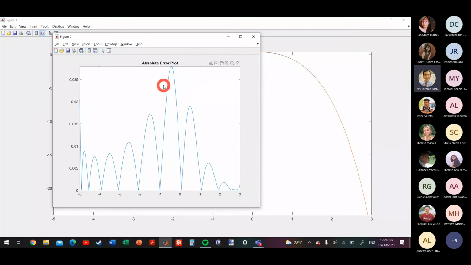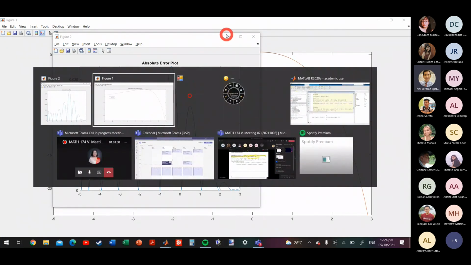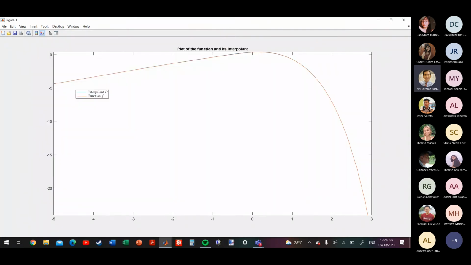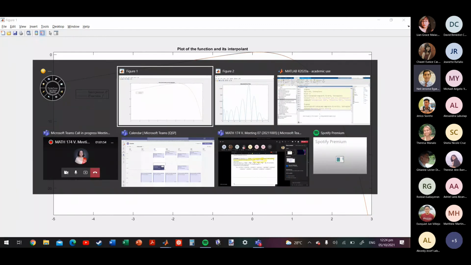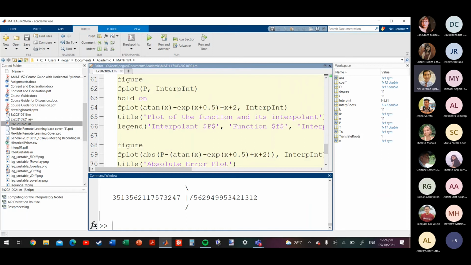Okay. Now, another measure of error is the absolute L2 relative error. Okay, or we can just call it the L2 relative error. So the L2 relative error is defined this way. Try ko kung kaya ko siyang isulat. Okay.